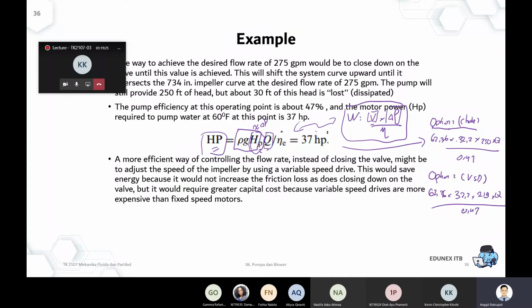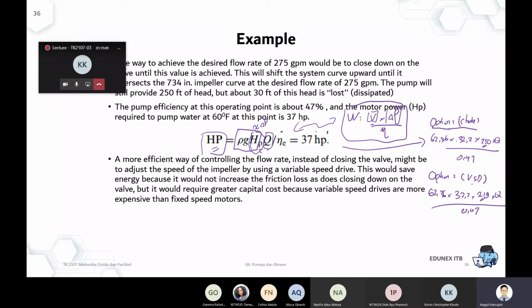You will save operating costs. Instead of multiplying by 250, now you multiply by 219. That's like saving 30 out of 250, maybe 15% electricity saving. And that can be justified.